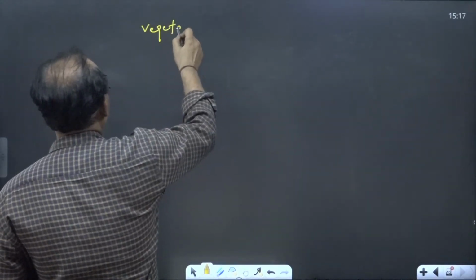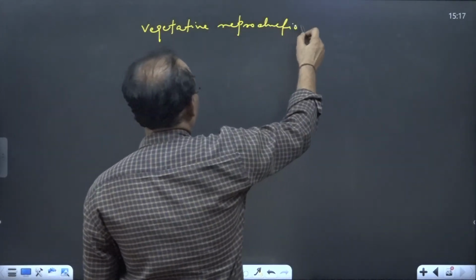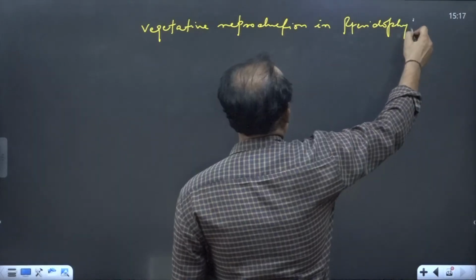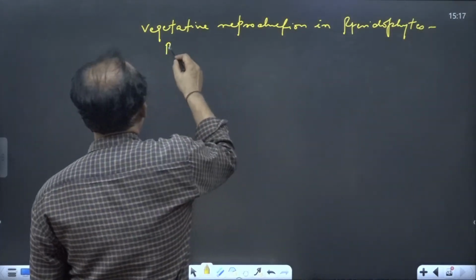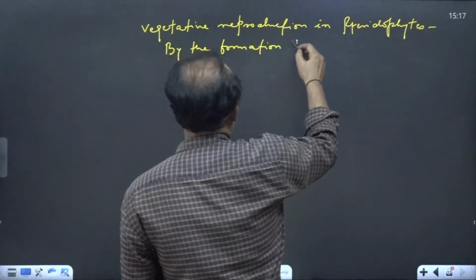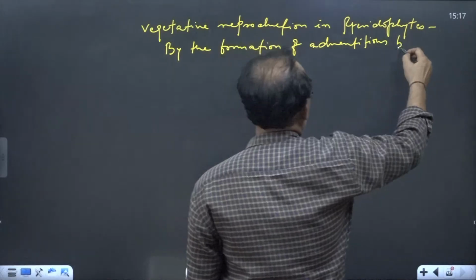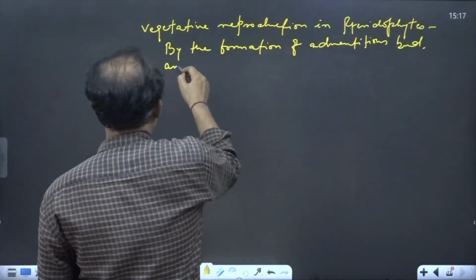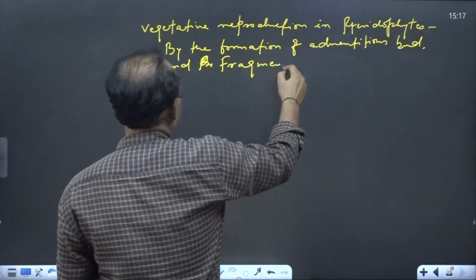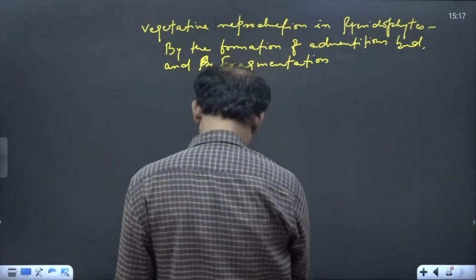Now write down about vegetative reproduction in pteridophytes by the formation of adventitious bud and fragmentation also. So fragmentation and adventitious bud formation.